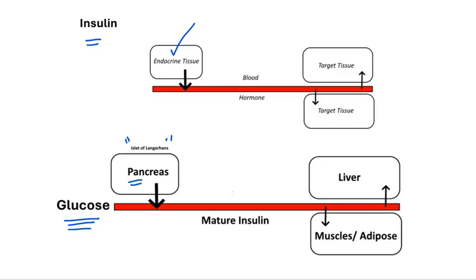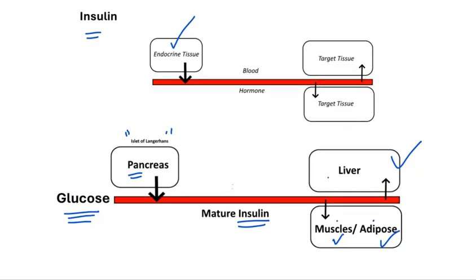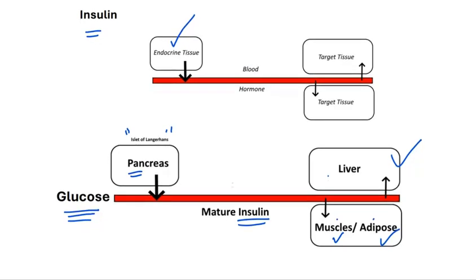And so the hormone insulin travels through the blood, and its targets include the liver, muscle cells, and adipose cells. The function of the insulin is to store the sugar in the liver, muscle cells, and adipose tissue as the insoluble polysaccharide, glycogen.